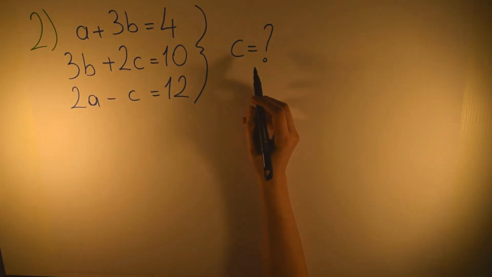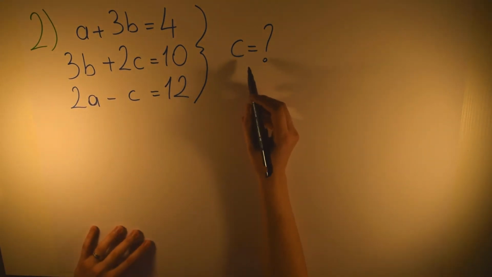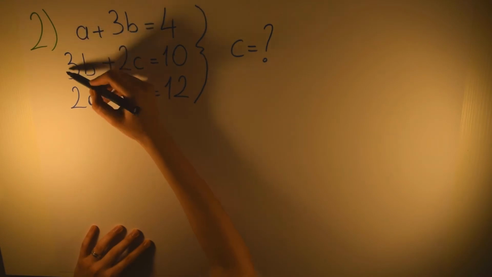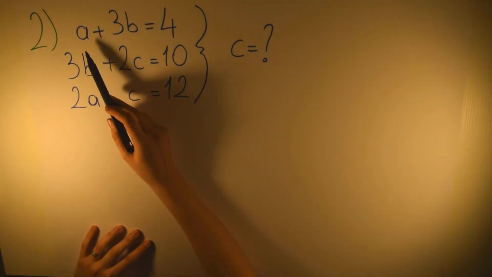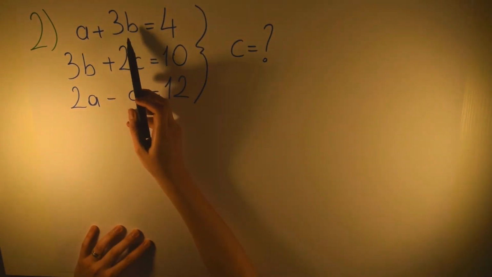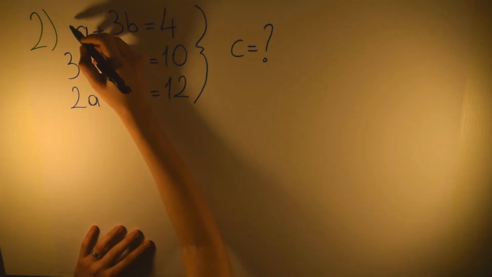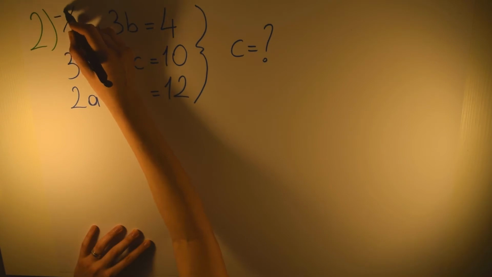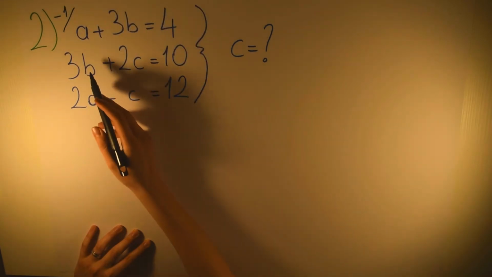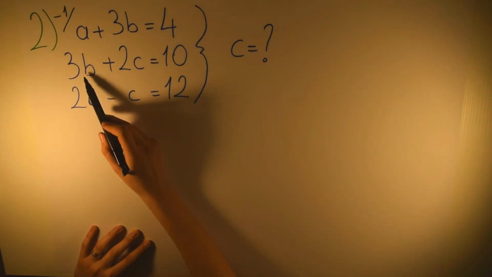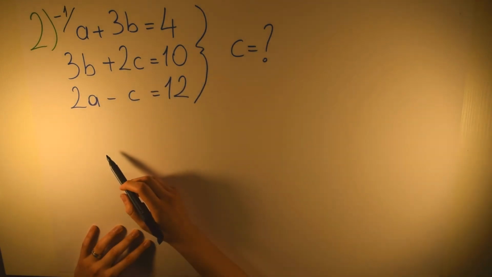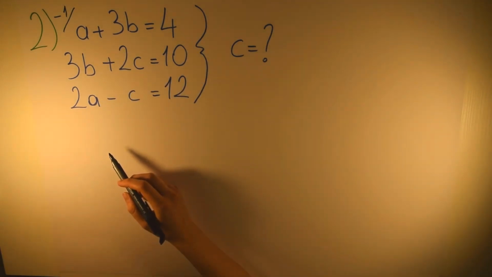And after that, I will be able to find the value of c. So let's look at these two equations. Here I have a plus 3b, and here also I have 3b. So if I multiply this one by minus 1, after that this minus 3b and plus 3b will cancel out each other, and I will be able to get rid of b.